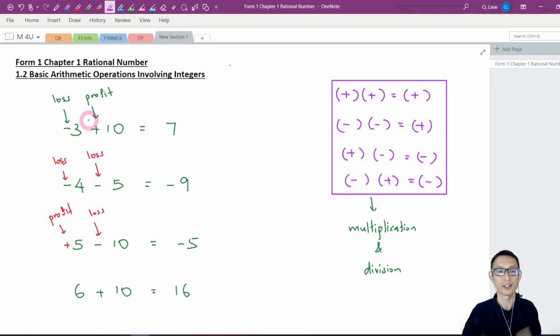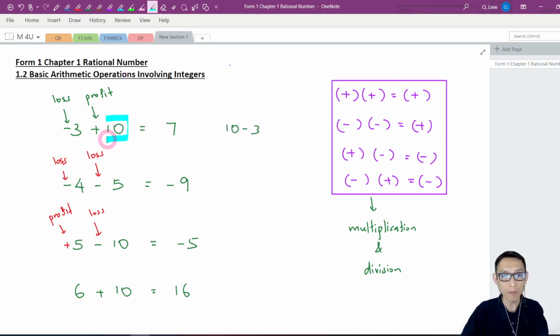What do I mean by this? Now look at this one. You got the answer just now, 7, by thinking this way: a loss of 3 ringgit, a profit of 10 ringgit. How do we get 7? We are actually taking 10 minus 3. Now we just focus on these two numbers. Compare these two numbers. Which one is larger?